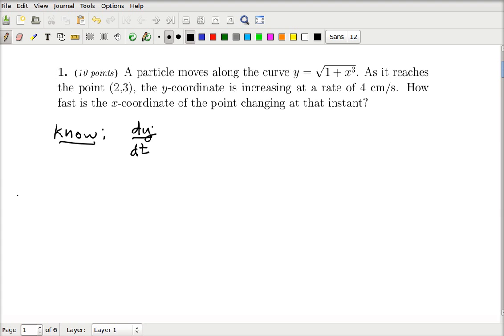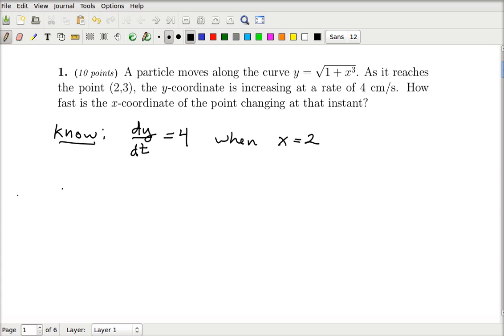By this I mean the rate at which the y-coordinate of the point is changing as a function of time is equal to 4, and the units are centimeters per second, when x equals 2. Alright, so that's the rate we know.